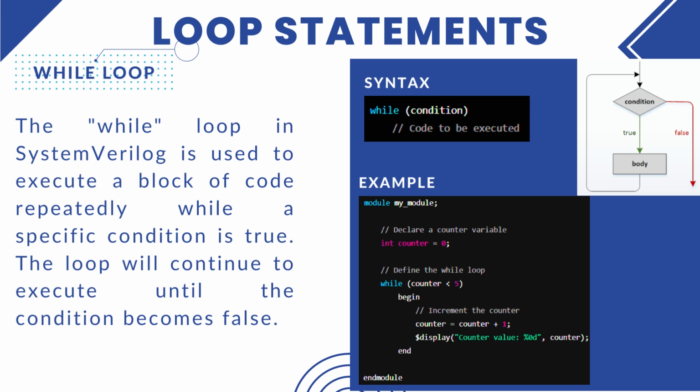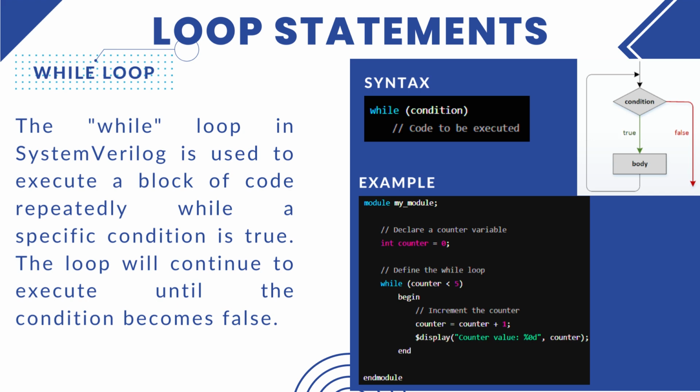Here is a syntax flow diagram for a while loop. The flow diagram starts with the start block, which represents the beginning of the loop. The loop will then move to the check condition block, where the condition specified in the while statement will be evaluated. If the condition is false, the loop will exit and move to the end of loop block.